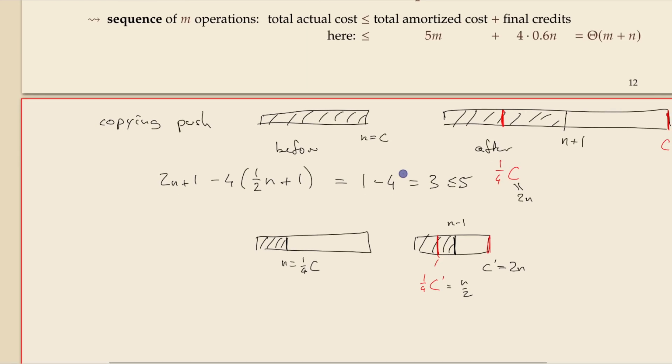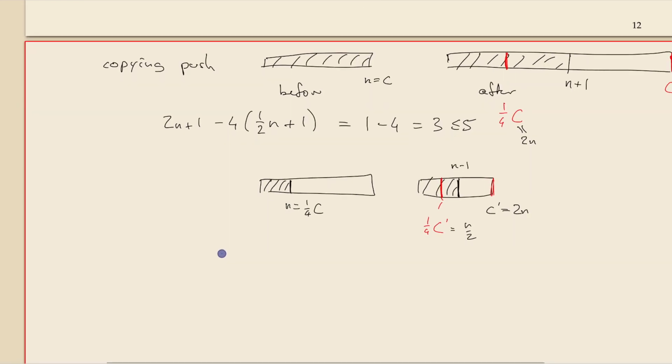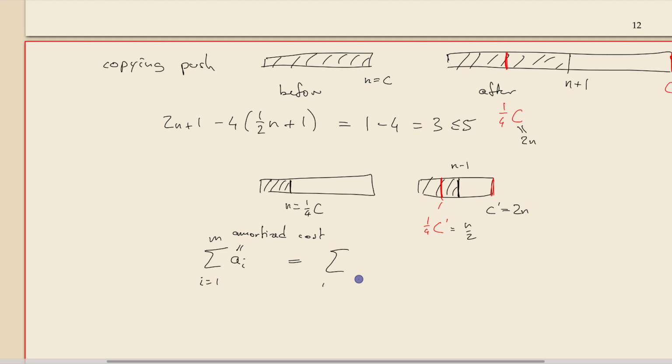So what we do now is we take a sequence of operations, say m operations, and what I'll sum up here is the amortized cost. And I know that I've defined this as the actual cost.